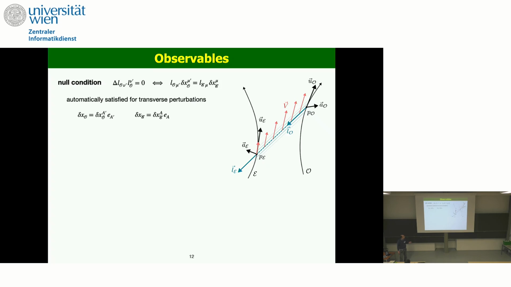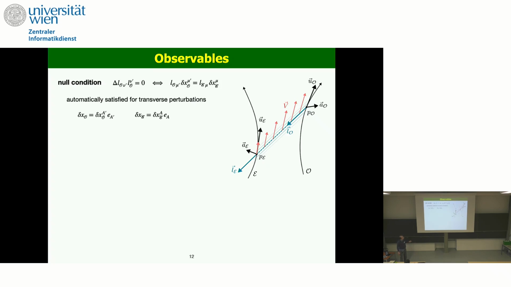Okay, if we want to go to observables, there's one more important point I have to make, namely, we're not allowed to take any variations of the endpoints we want. We have to preserve the null character of the connecting geodesics, and that's a non-trivial condition. We have to make sure that, for example, the initial variation of L times L is equal to 0. Fortunately, it's easy to translate this condition to the boundary value problem language.